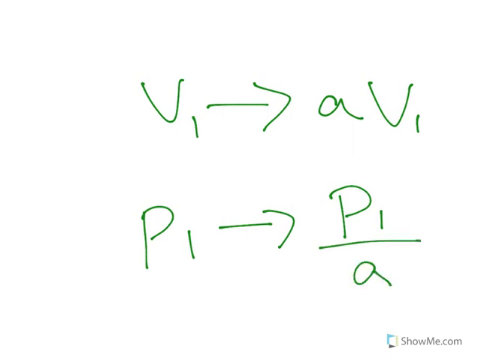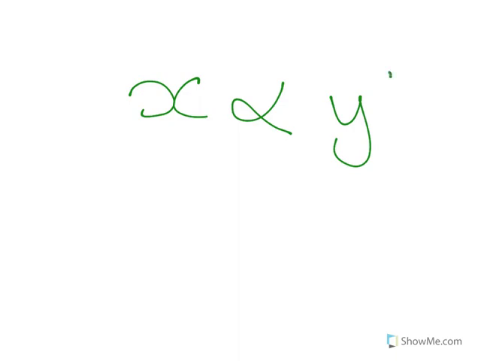And so we can see that actually the general rule is that in any proportionality relation, if we have some quantity x proportional to some other quantity y to the power of some number, any number at all, let's call it a.